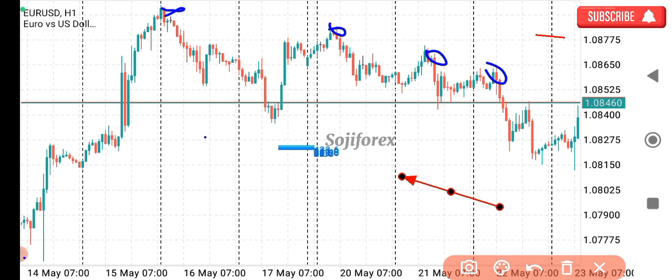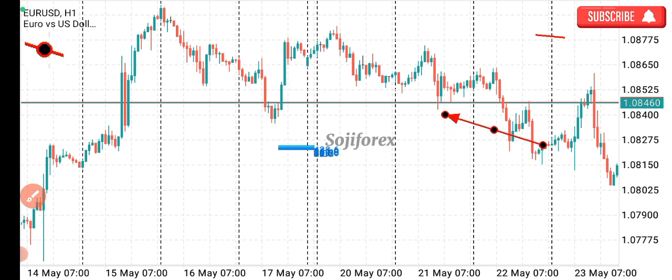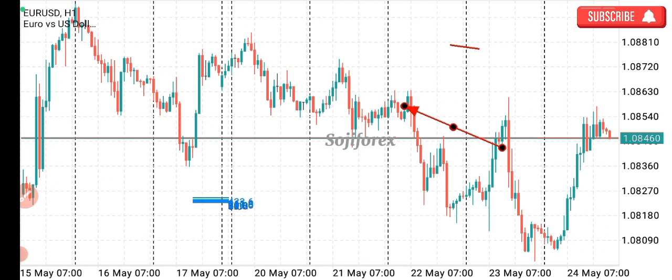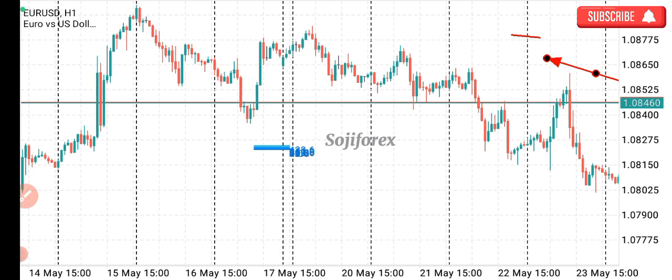It is because the most important structural point of a downtrend is the lower high, because when price breaks this lower high in the opposite direction, it gives us a change of trend, which means we are changing direction from a downtrend to an uptrend. And that is why the most important structural point of a downtrend is the lower high and not the lower low.